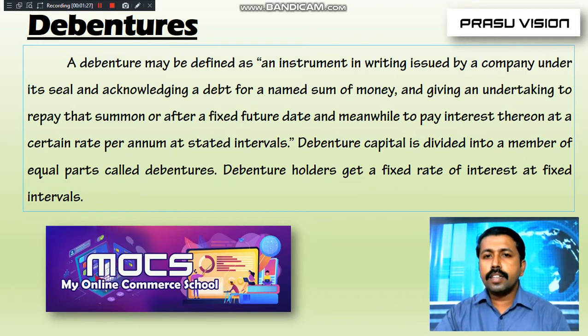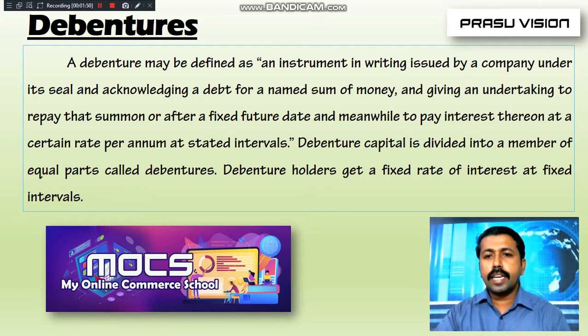So, a debenture is an instrument issued by the company for a certain sum of money, and the amount will be repaid after a particular period of time. And the debenture holder, that document holder, will get a certain sum of amount as interest. So the return for debenture holder is interest.